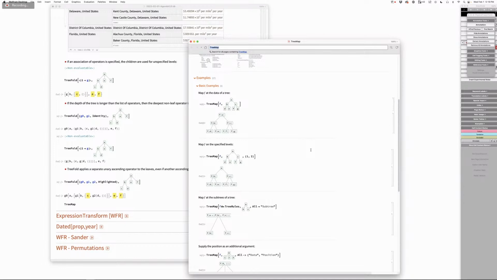And this is what levels you're mapping on. And the thing on offer, so to speak, would be a TreeMap of 1 arrow F, 2 arrow G on the tree, and then the level spec would be the third argument.